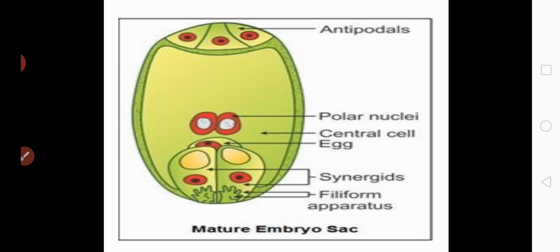Again 3 nuclei move towards the micropylar end and form the egg apparatus, which consists of a single egg cell and 2 synergids, and the remaining 2 nuclei at the center form the secondary nucleus. Am I clear? And a typical embryo sac is 7 celled and 8 nucleate. This process of development of the embryo sac is also called monosporic or polygonum type of embryo sac development.